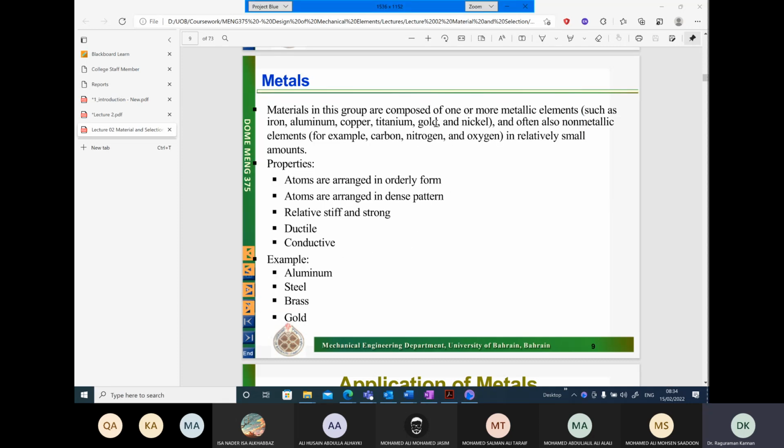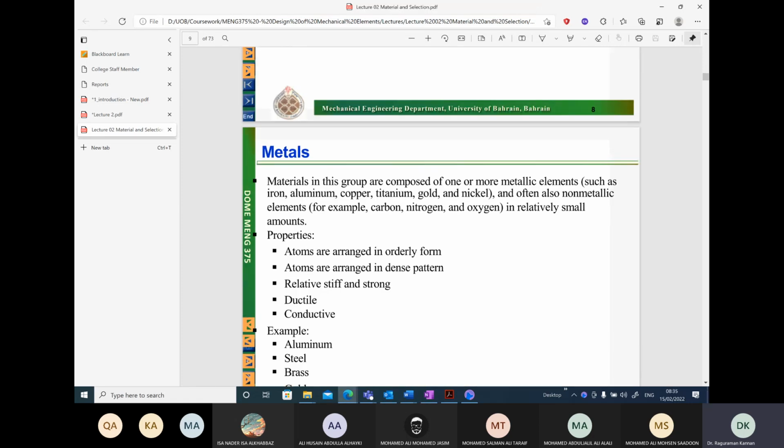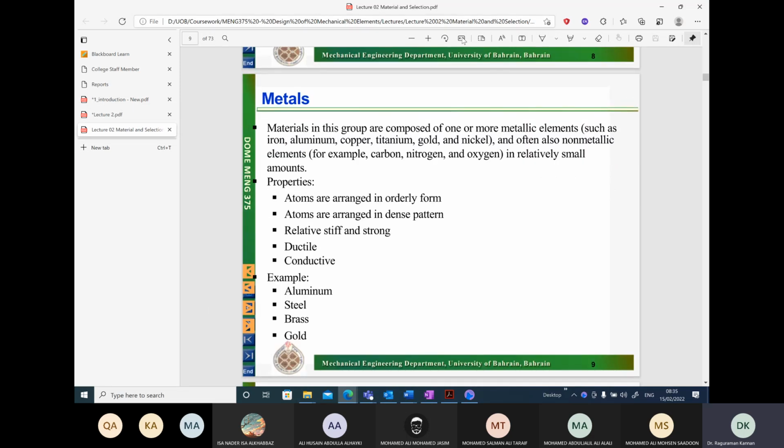Okay. Now, if you take a metal and see the microstructure, let's say this is the surface. On the surface, you will have many grains like this.